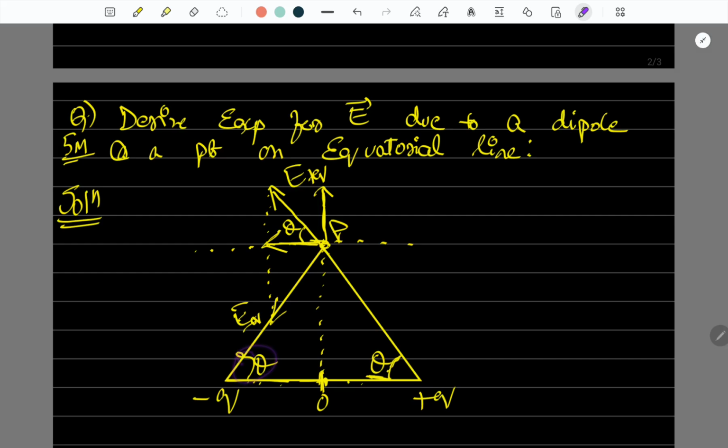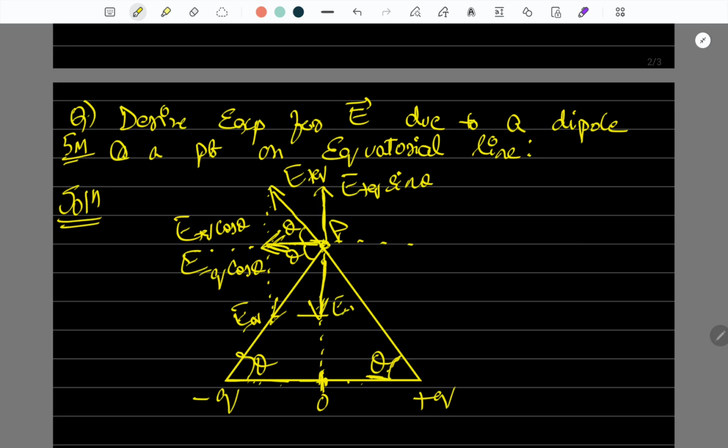Similarly, this and this part are alternate angles, so this will also be theta. So this one will be E plus q cos theta, and this will be E plus q sin theta. Similarly, for E minus q, you mark this way again, E minus q cos theta, and below, E minus q sin theta.